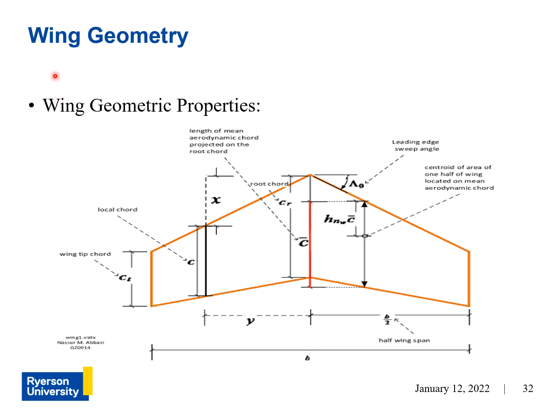So the next portion of this workshop is going to be talking about the wing geometry and tail geometry. Here we have something called the reference wing, and it's basically the most basic wing geometry used to define its geometric parameters.